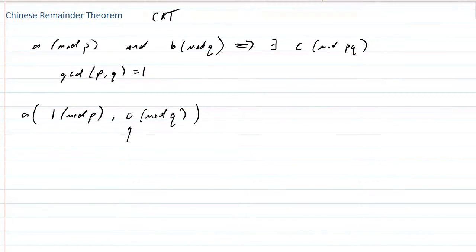That's what we're aiming for here. We want something with 1 mod P and 0 mod Q, so we can fine tune our placement in mod P while not touching our placement in mod Q.